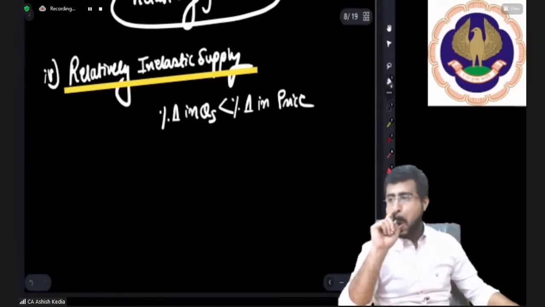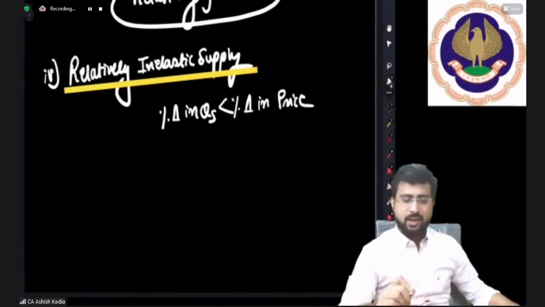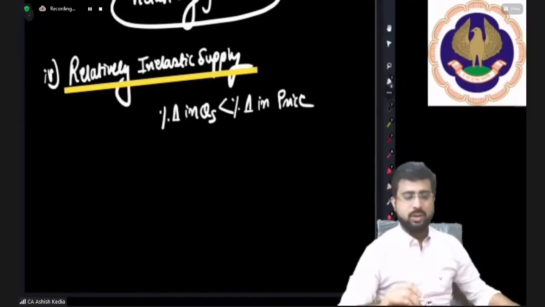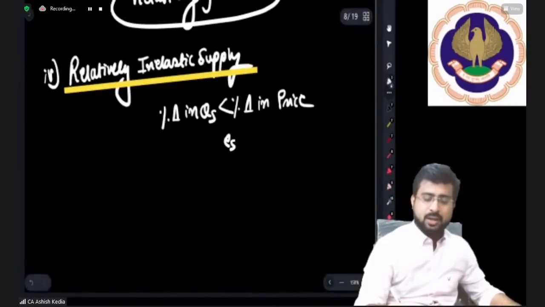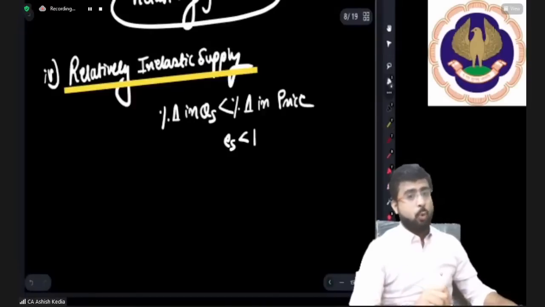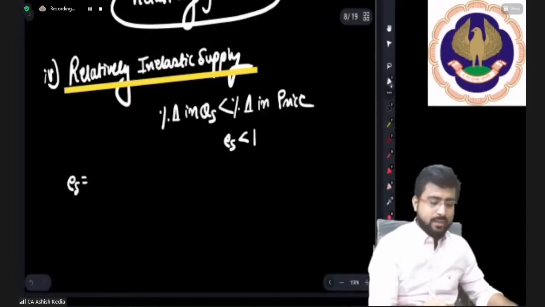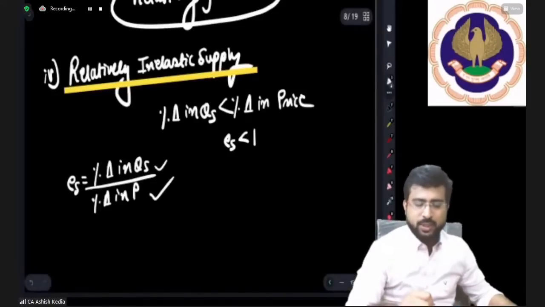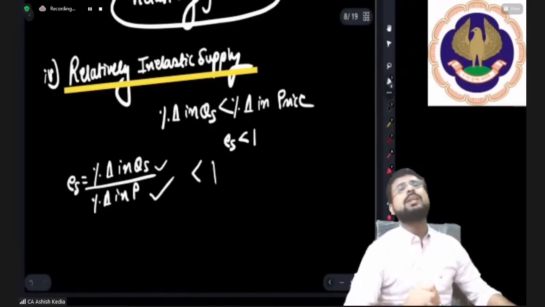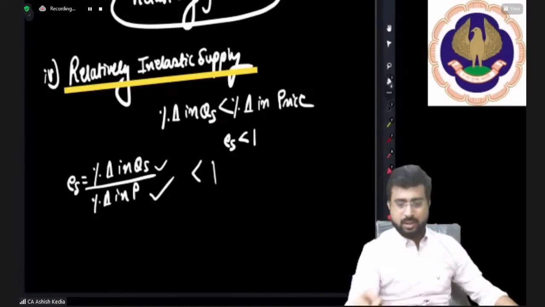Okay, it's less. Moving on, here the value of elasticity of supply is going to be less than 1. Why, sir? Because, as I say again, it is percentage change in quantity supplied by percentage change in price. If you put it like this, any time the denominator is greater than the numerator, the fraction will always be less than 1. Correct.